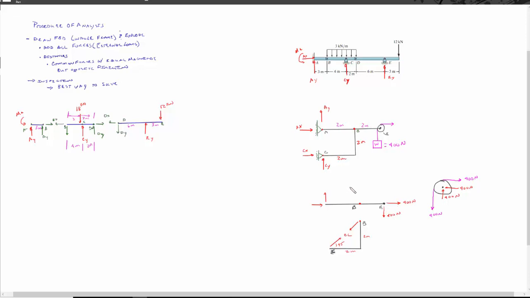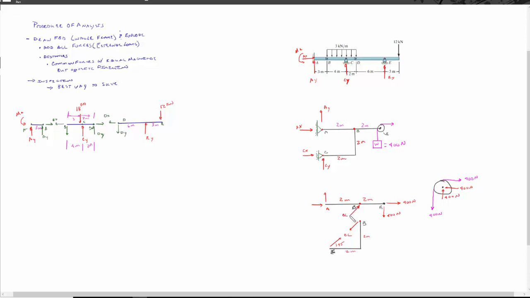So I could also draw my force like here, but this is going down to the left, so this has got to go up and to the right. This would also be BC. So in this case, I can solve for pretty much everything up here. If I sum my moment about point A, and this was 2 meters and this was 2 meters, I could solve for BC.